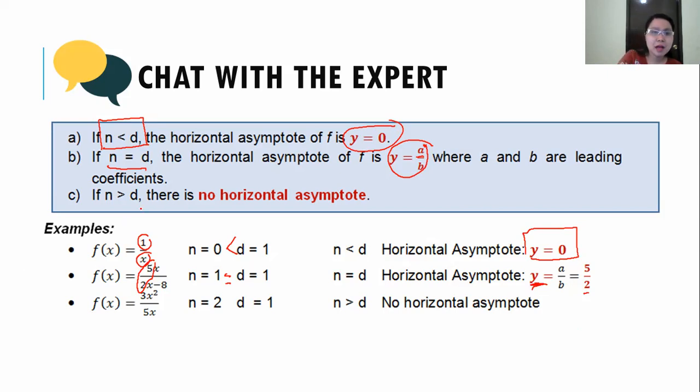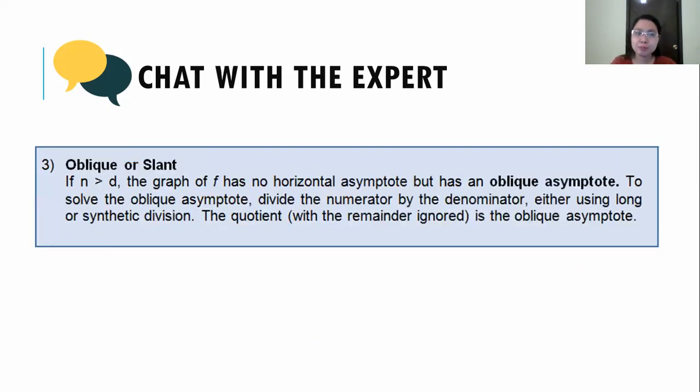But if the numerator's degree is greater than the denominator's, then we say there is no horizontal asymptote, like this one. But we also have an oblique or slant asymptote.